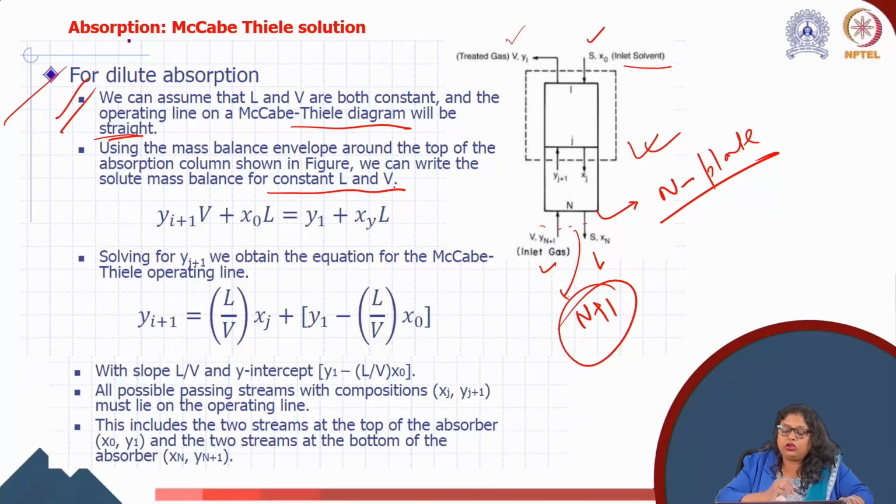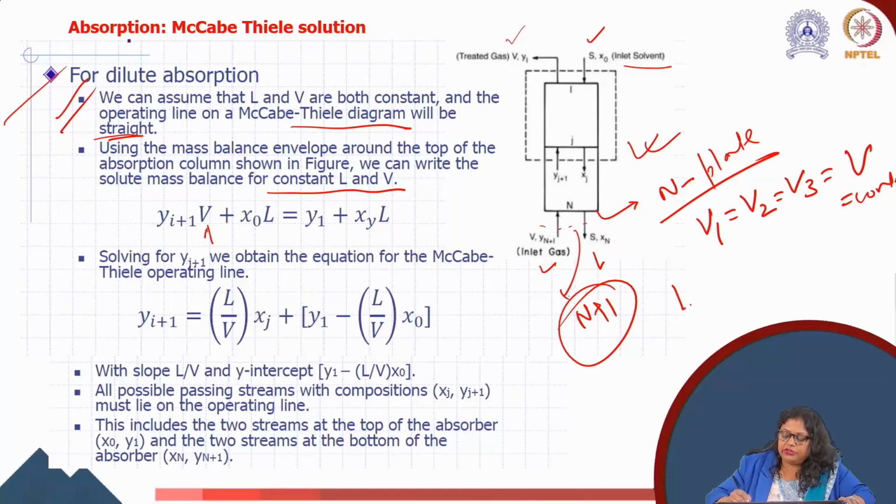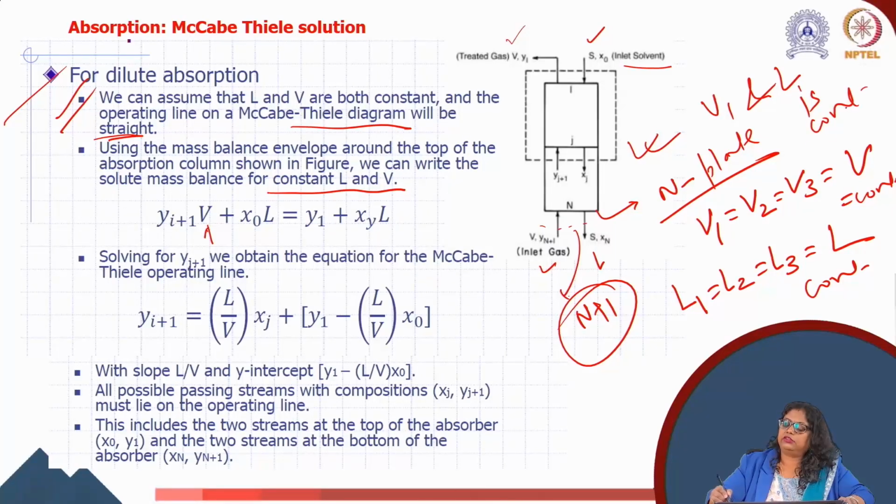On each tray the flow is constant. So V1 is equal to V2 is equal to V3 is equal to V, and similarly L1 is equal to L2 is equal to L3 is equal to L, constant.